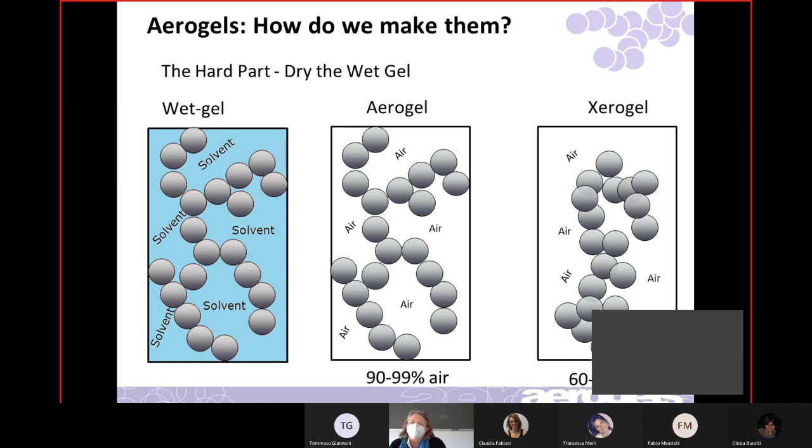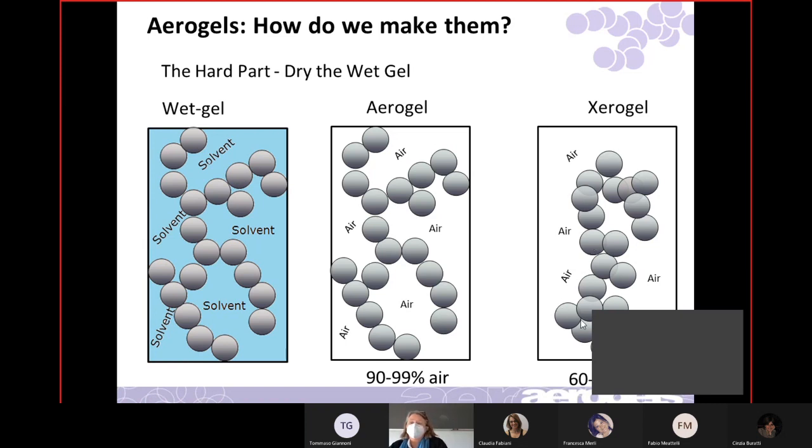A lot of it's hard, but this really is how do you dry the wet gel? That's the key to making an aerogel, right? You can make your wet gel with your solid material surrounded by the solvent. And if you just let it dry, you make a xerogel.